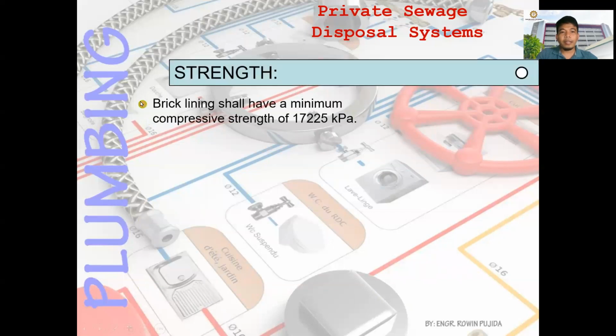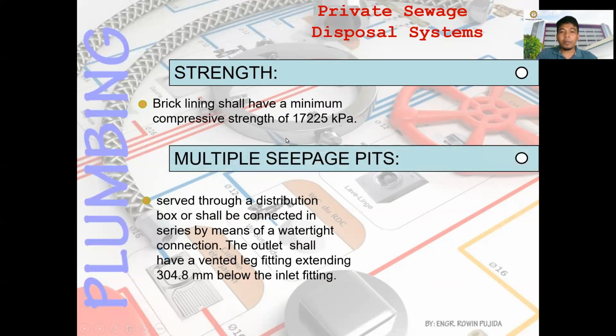So next, for the strength, brick lining shall have a minimum compressive strength of 17,225 kilopascal. For the multiple seepage pit, it serves through a distribution box or shall be connected in series by means of watertight connection. The outlet shall have a vented leg fitting extending 304.8 millimeter below the inlet of fittings.